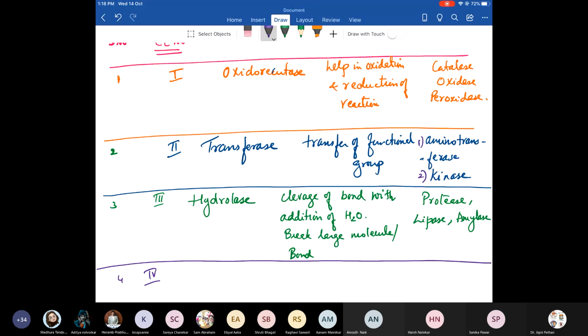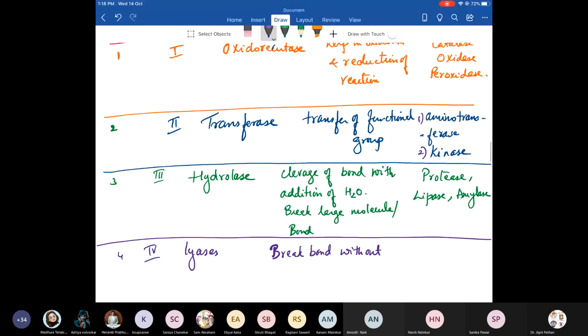The fourth one is lyase. Breaks bond without adding water. Example, aldolase. Fifth, isomerase.